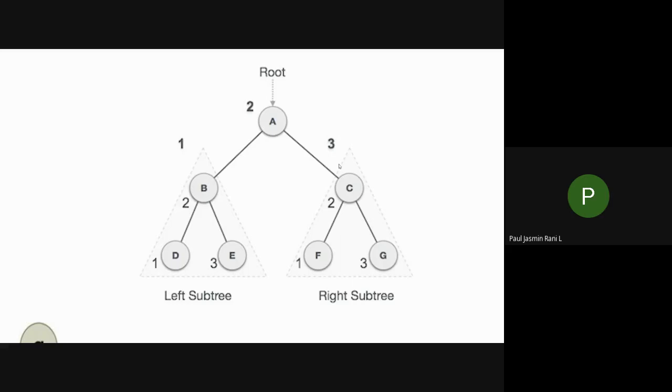Don't look at the numbers, okay? Take only the alphabets.